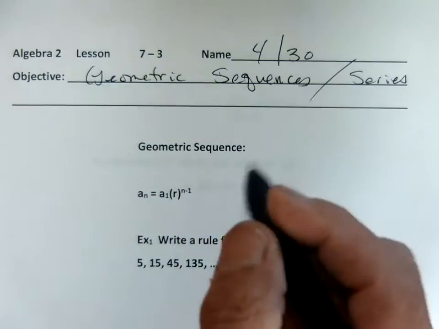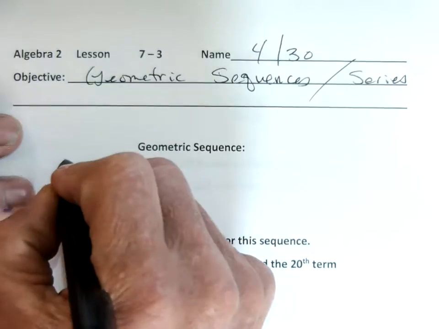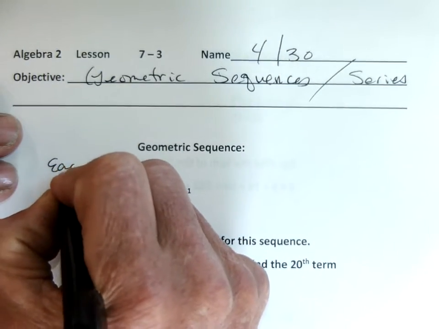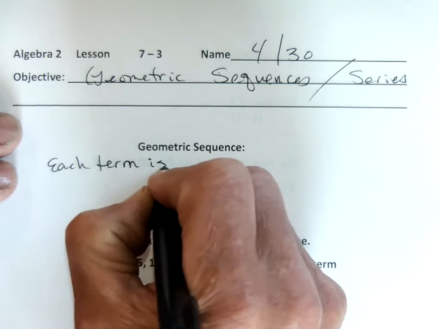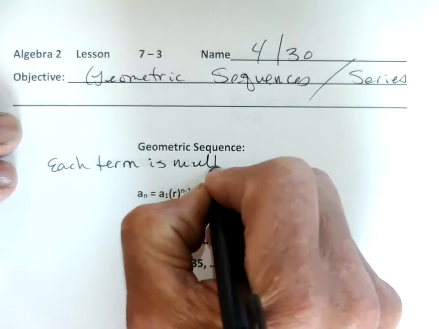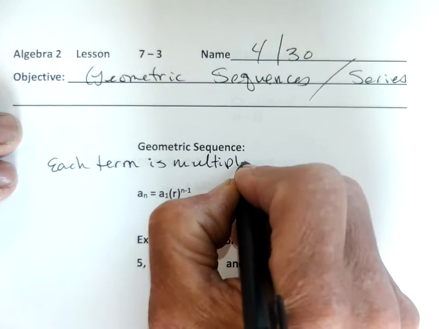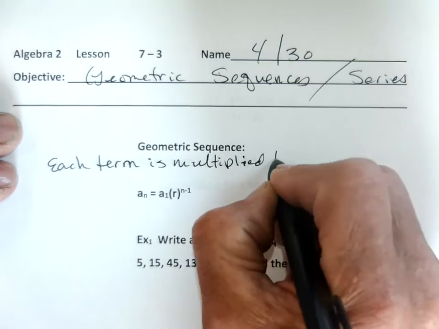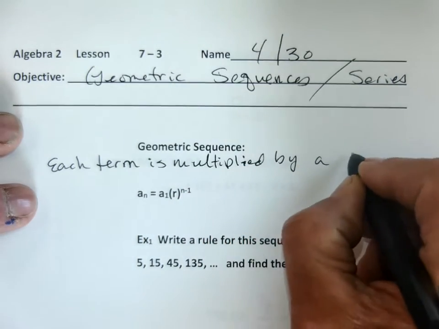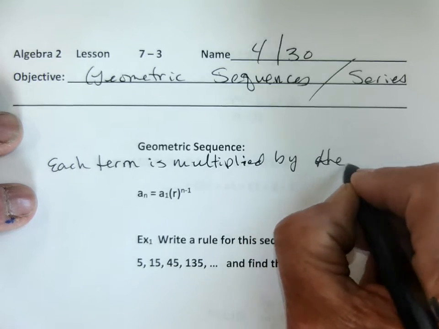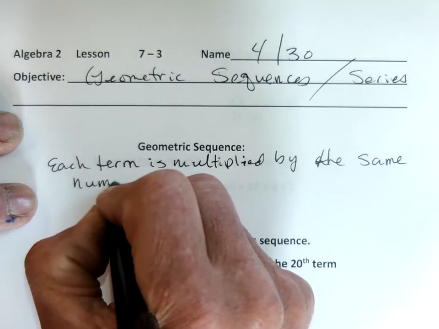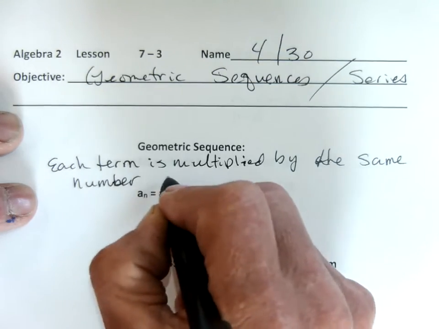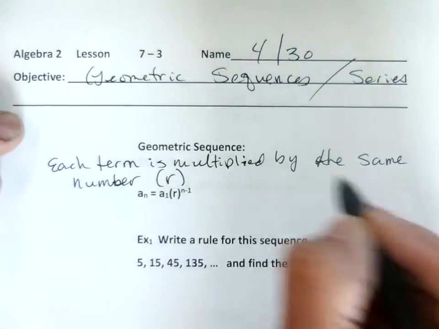That's a series, okay? All we have here is a sequence. So to be a geometric sequence, each term is multiplied by the same number. We're going to call that R, just for the ratio.